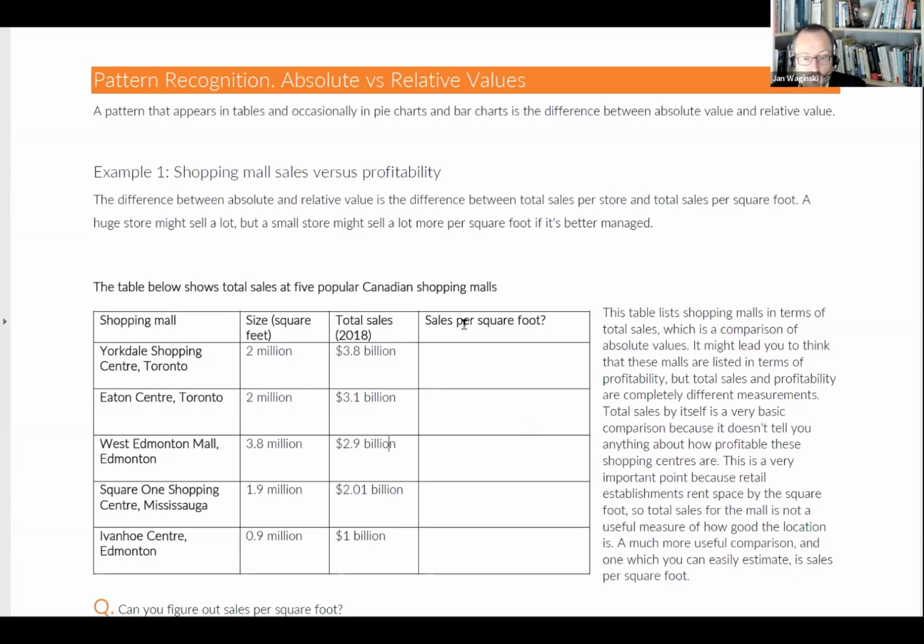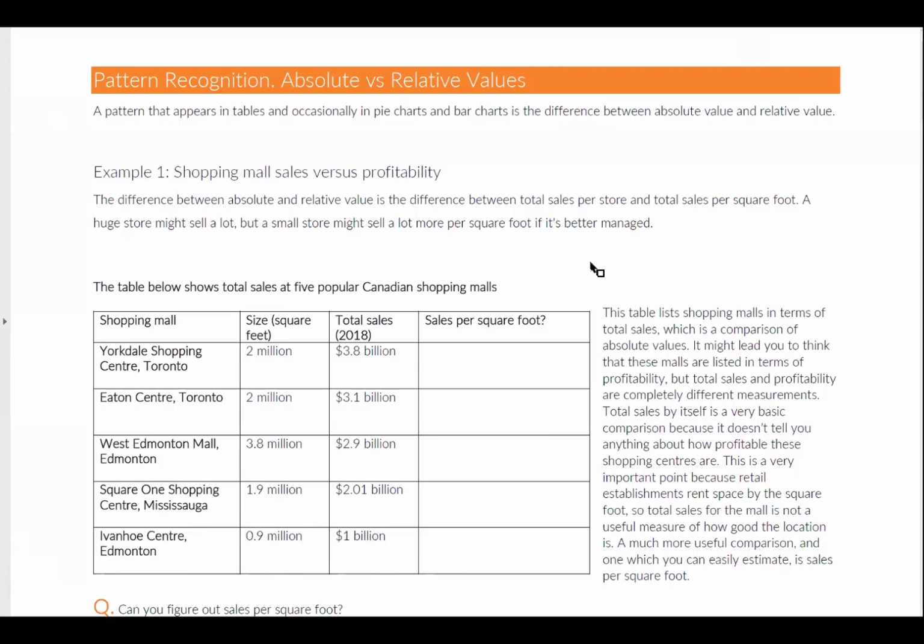Okay, so roughly speaking, we don't need calculators for this. What are the sales per square foot at Yorkdale? We have to divide 3.8 billion.